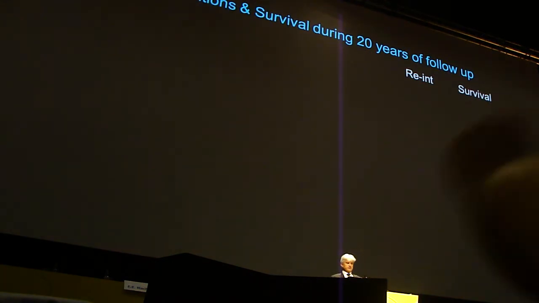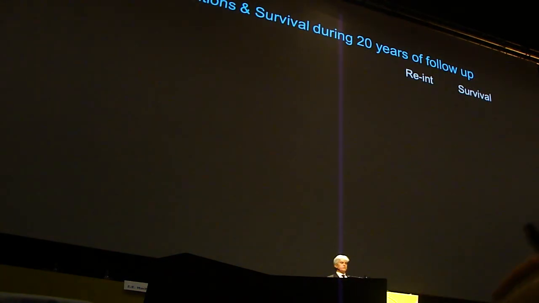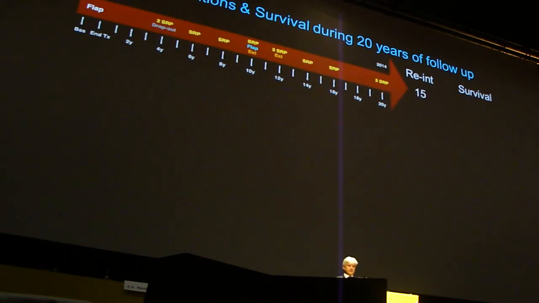We calculated the recurrences and the need for re-interventions during the years and the survival of these 3 groups. And this is the flap group, and you see we were forced to apply re-intervention 15 times, considering all the groups, and we lost 2 teeth.